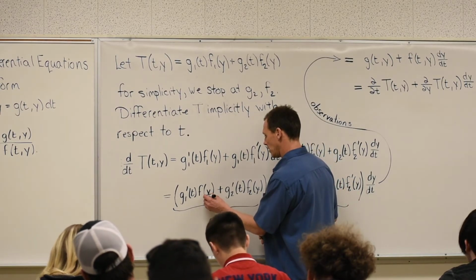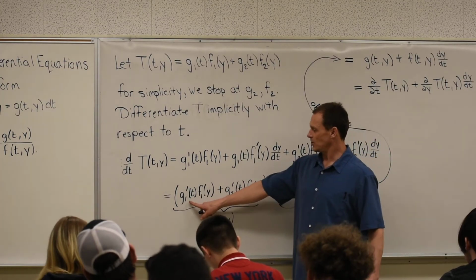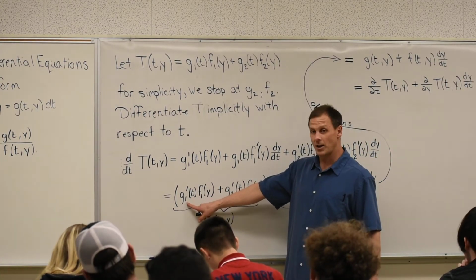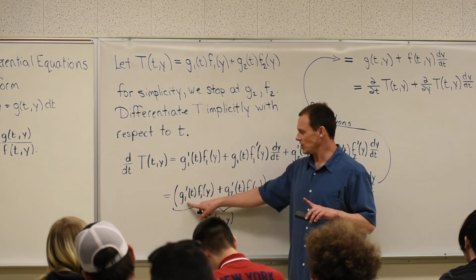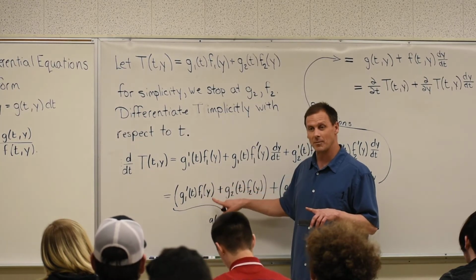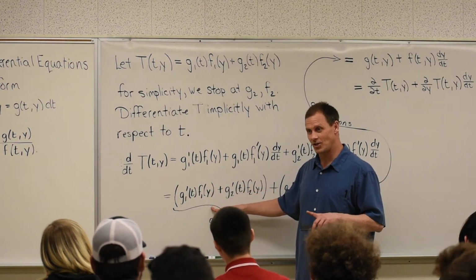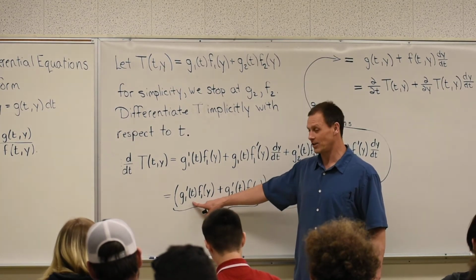So our partial is going to become g1 prime of t times f1 prime of y. We're just taking the differential of the y component. T is now held constant.